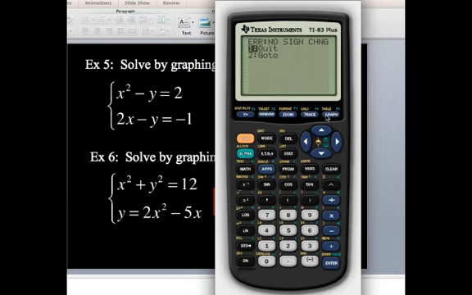Let's go back and look at our graph. And it looks like it intersects there, but let's zoom in and see. So we're going to hit our zoom key, and we're going to go down to zoom in. And notice we can move our cursor from where it was down close to where this looks like it intersects.